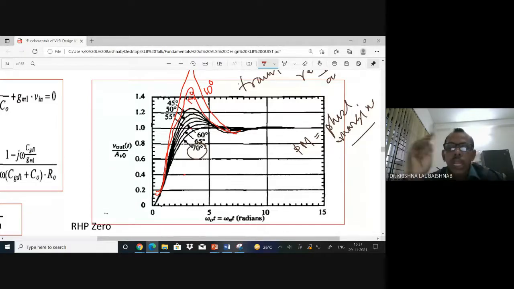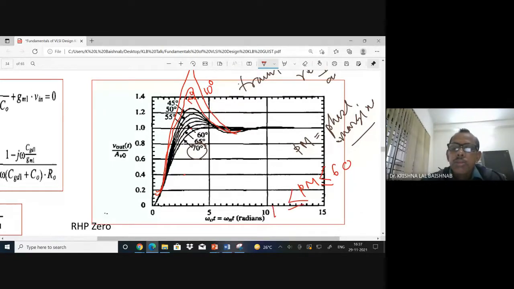My desirable phase margin is between 60 and 45. Much more than 60 will be overdamped and sluggish, but less than 45 gives you maximum overshoot.